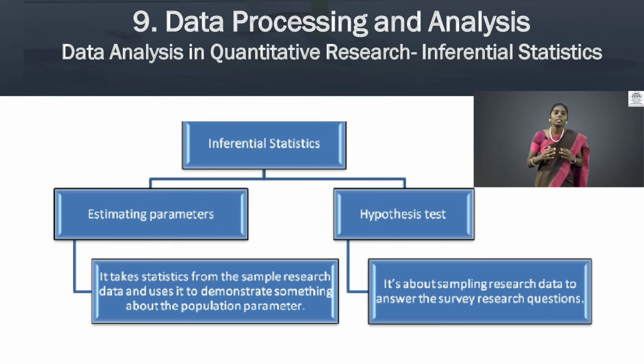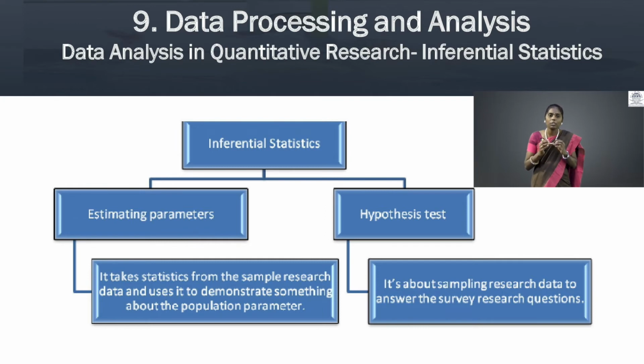For example, if the researcher wanted to study the 10,000 students studying in a university, how brilliant and how knowledgeable these students are, it is impossible to study the whole 10,000 students.